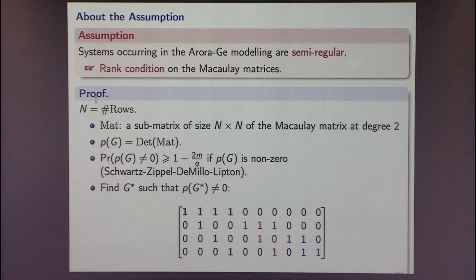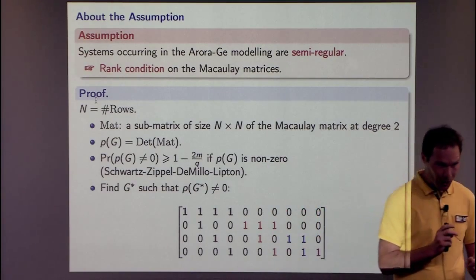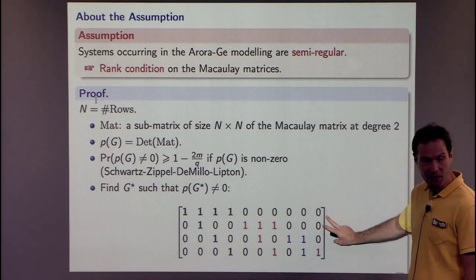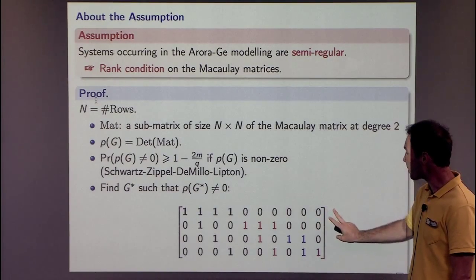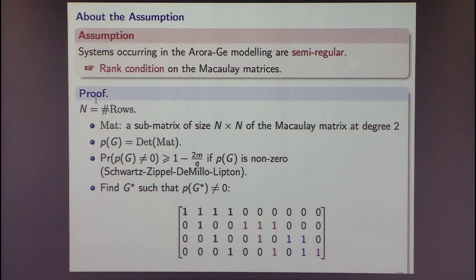So you have the polynomial, but the issue is to find one particular example for which your polynomial is non-zero. Okay? And this is the tricky point of proving this assumption: you have to find a specific family for which you can prove that if you take this matrix J, then it is indeed of the rank that you expect when you generate the system.